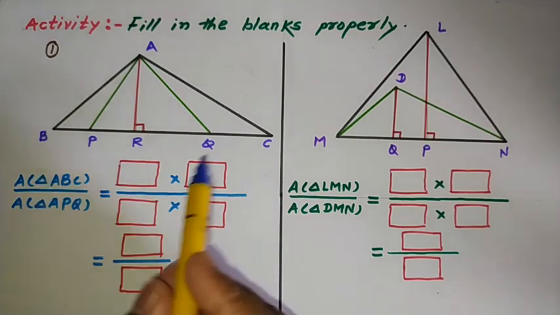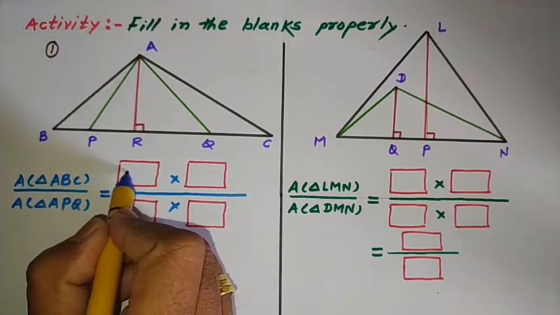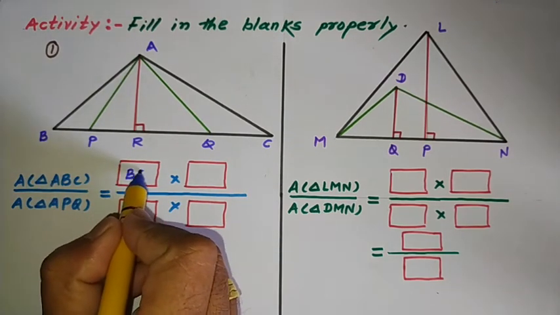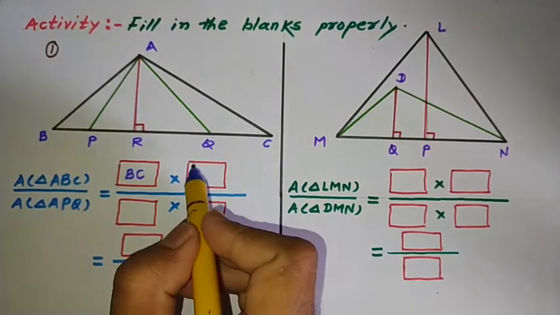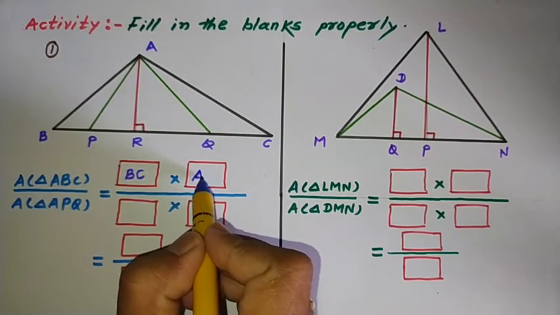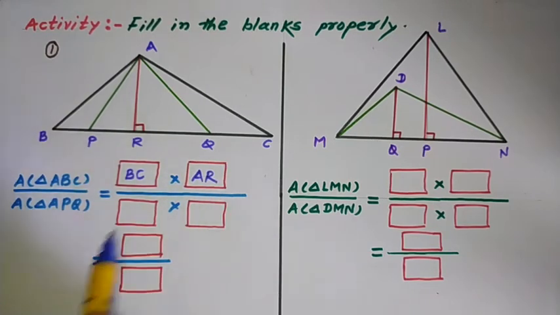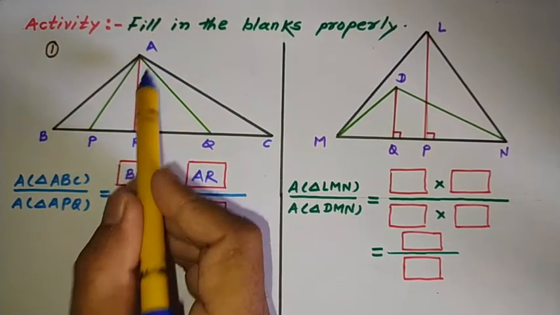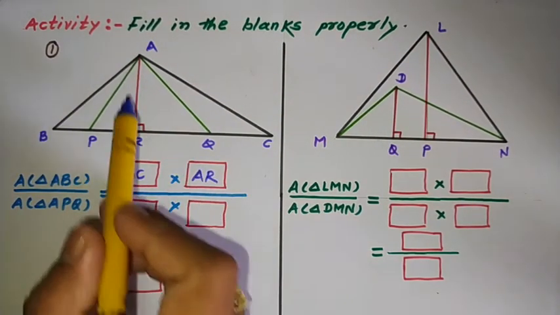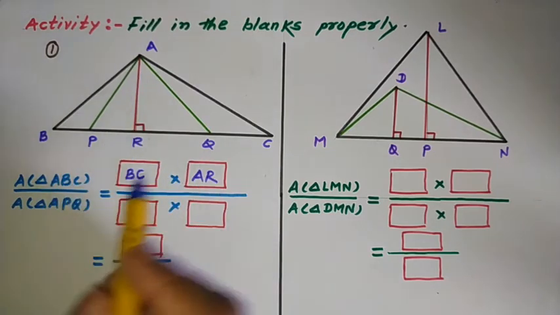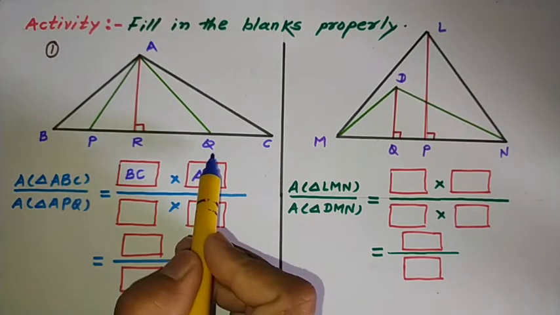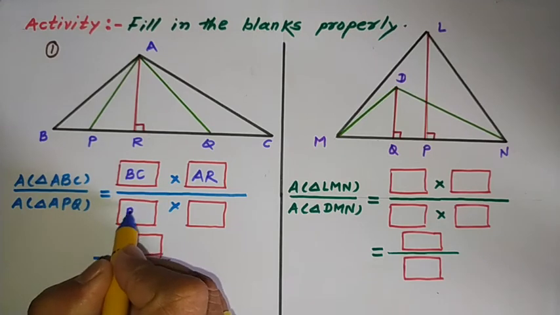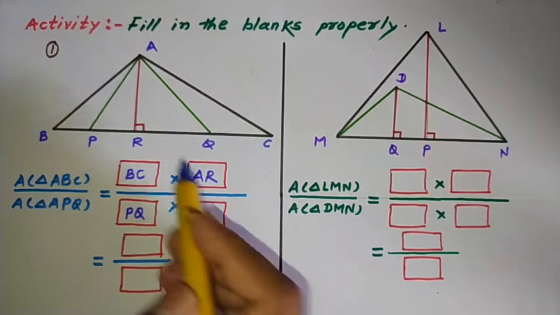BC is the base, and AR is the height of triangle ABC. The next, area of triangle APQ: the base is PQ, and the height is AR.